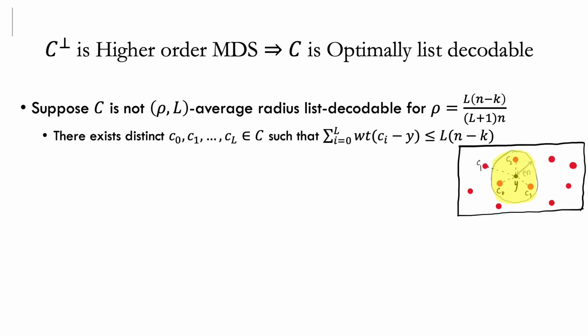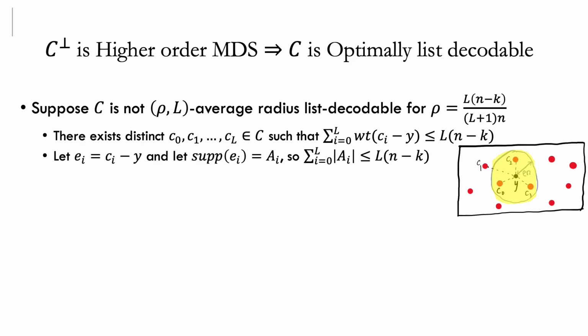In particular, there exists a message y and codewords C0 through CL, such that the weight of each codeword minus the message is smaller than what it should be, L times (n minus k). Now let's let Ei equal each of these differences, and let Ai be the support of each of these differences. Then we have that the sum of the sizes of the sets Ai is at most L times (n minus k).